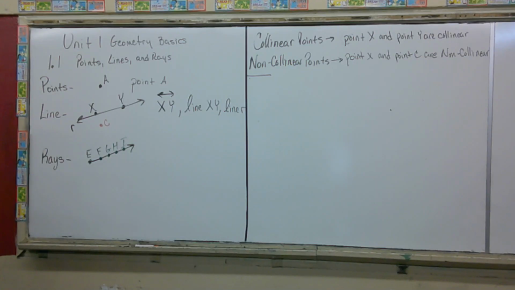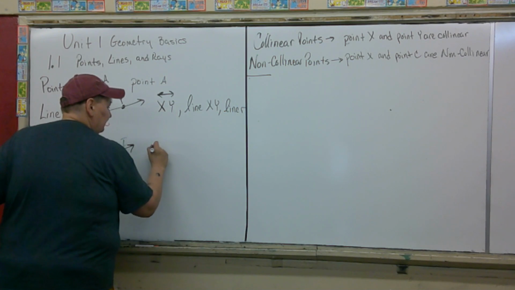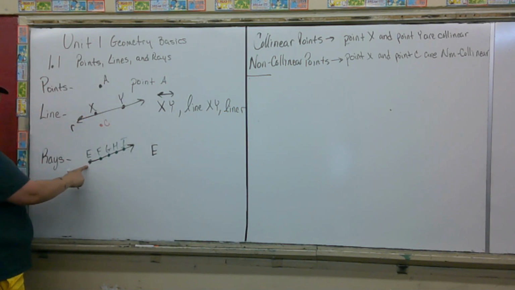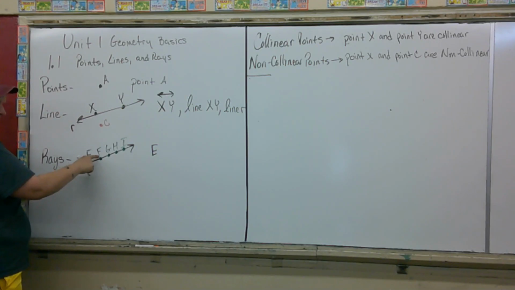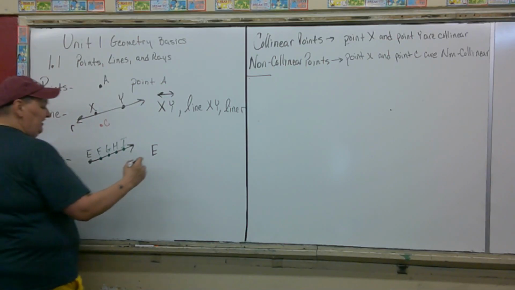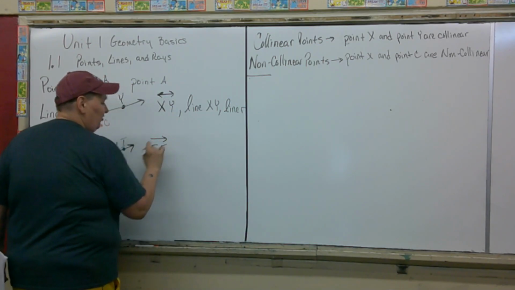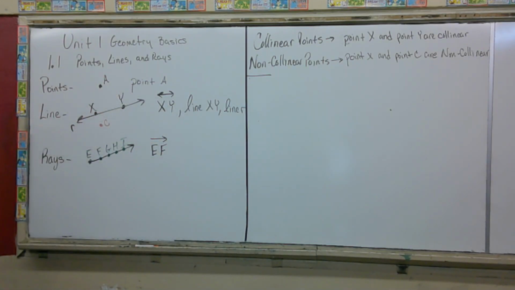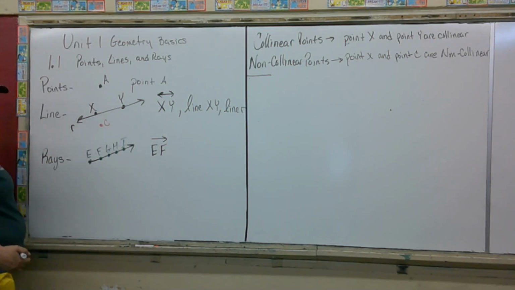So you need the end point to name it, whatever the end point is. And then any other point on the line. I can use F or I or any other point on the line. Let's use F. And then put an arrow on top, a ray telling me what direction the ray points. If the ray is going the other way, your arrow will point the other way.